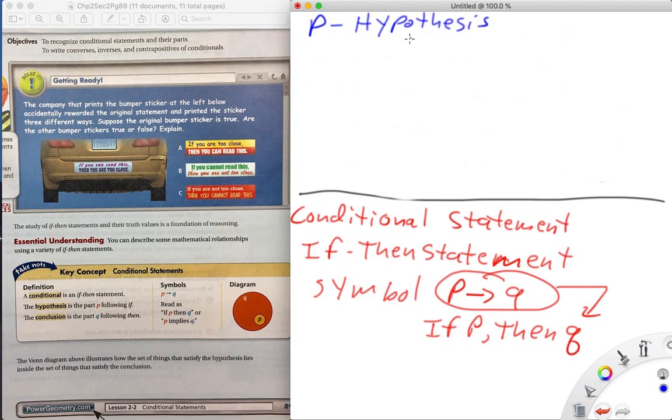P is your hypothesis, and P is always after if. Anything after your if is your P. Q is your conclusion, and your conclusion is always after then.